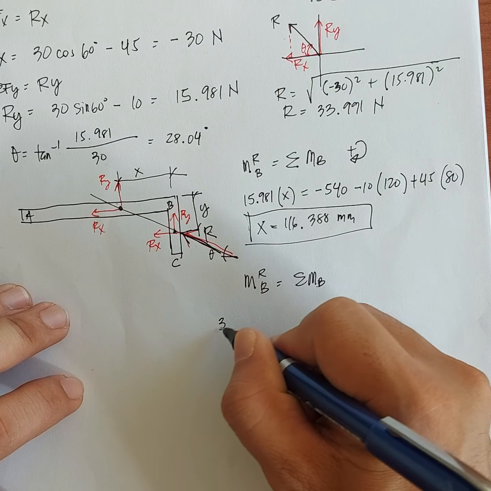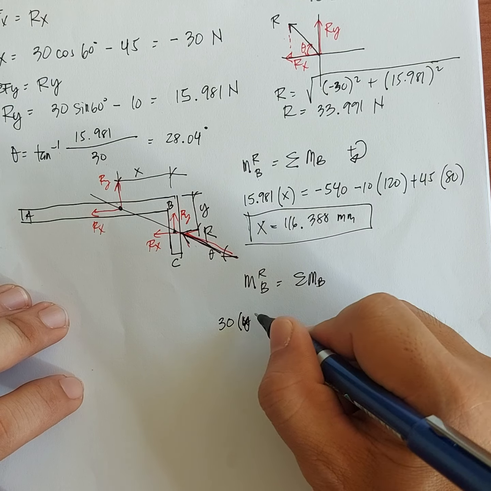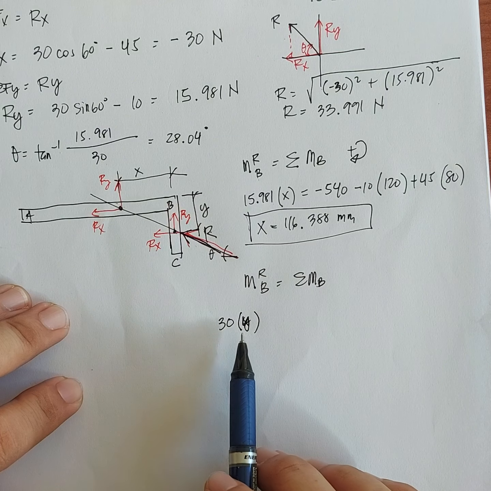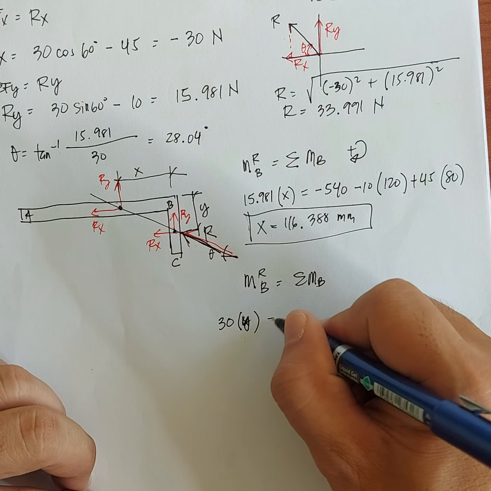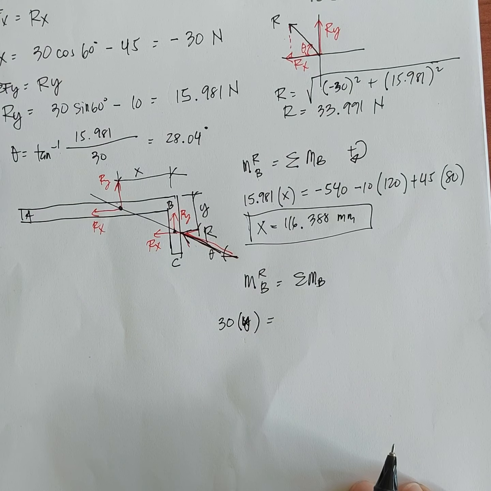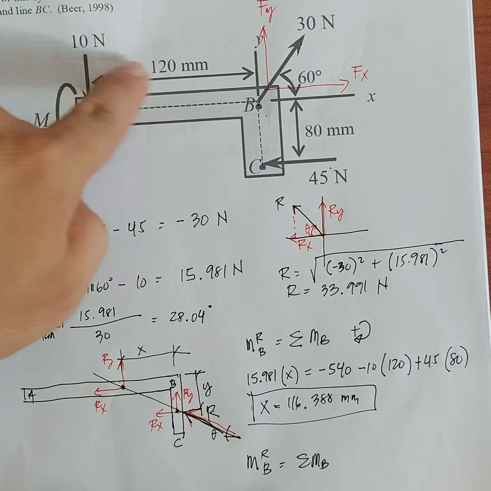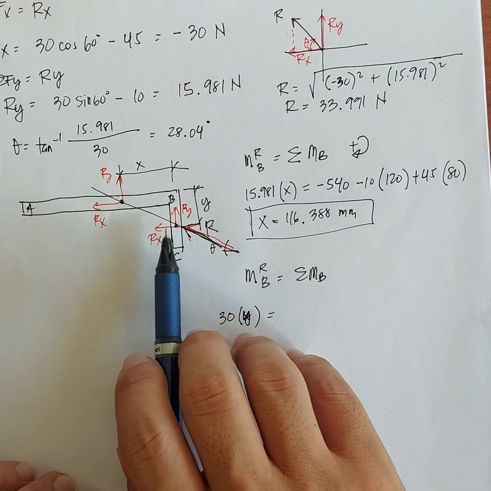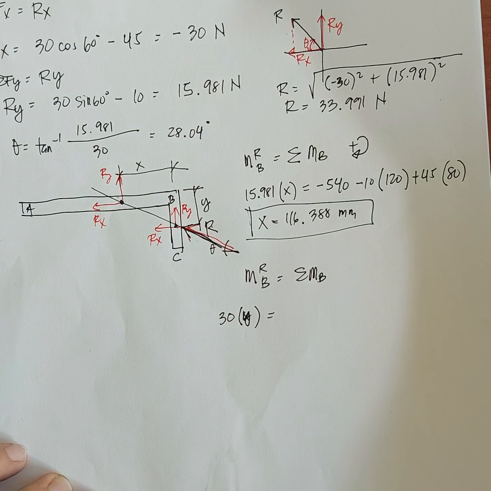So we have 30 times Y. That should be Y. Okay. 30 times Y, yung distance natin from point B, is equal to yung moment ng mga forces natin about point B, considering of course itong point natin dito sa may BC. Okay? So, of course, meron tayong couple moment na 540.